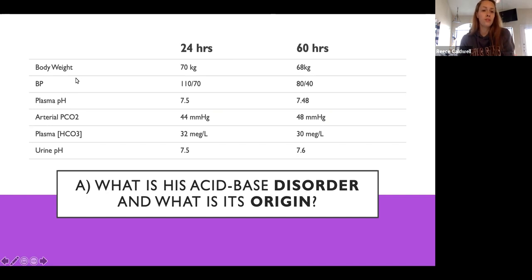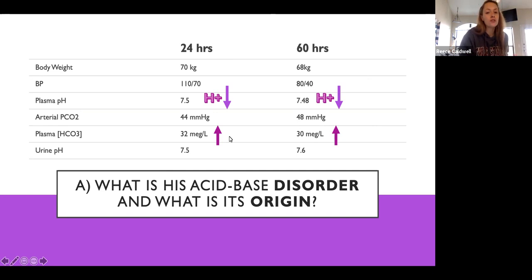There are certain variables that are not important. However, one thing we've used throughout this whole worksheet is pH, carbon dioxide, and bicarb stores. So the first thing we want to note is that 7.5 is kind of a high pH. So that means it's more basic, meaning loss of hydrogen ions. At 60 hours, it's still a pretty high pH, which means loss of hydrogen ions.